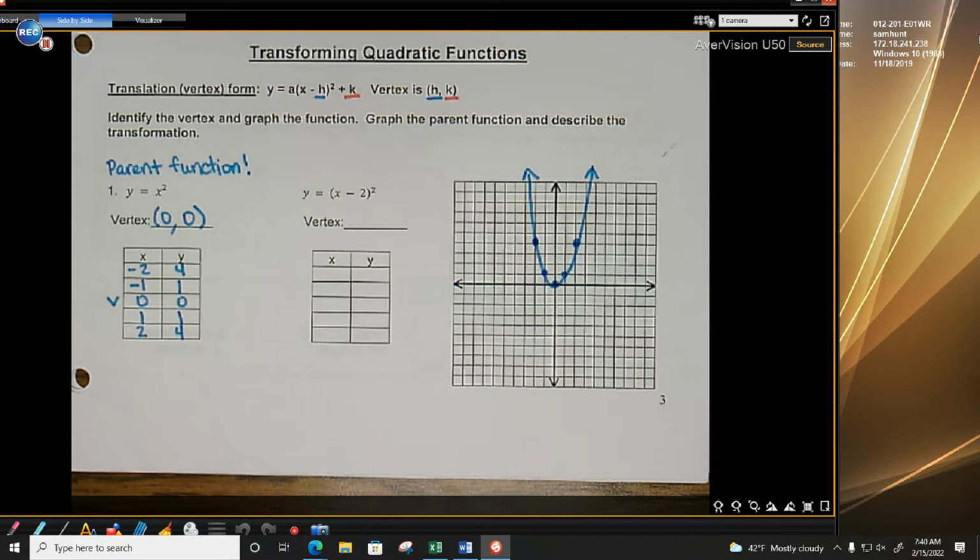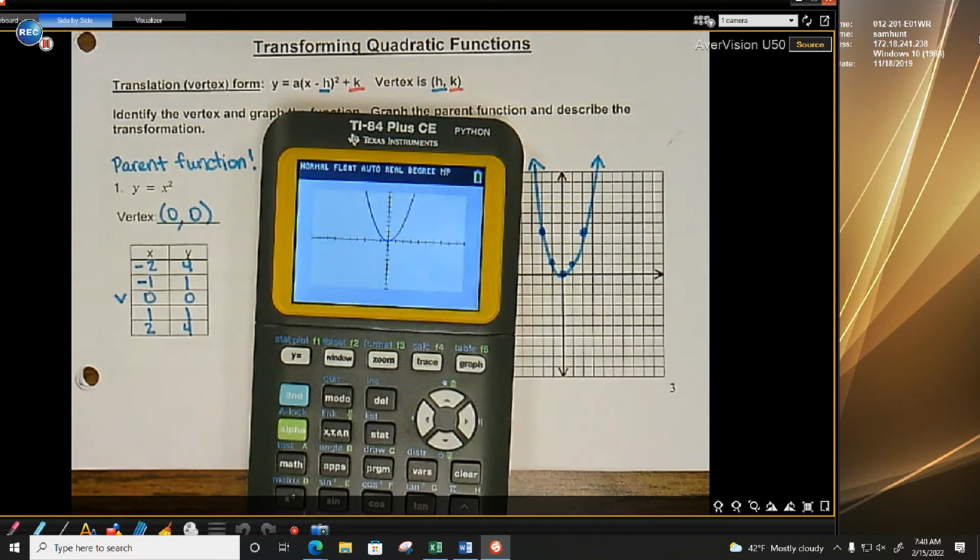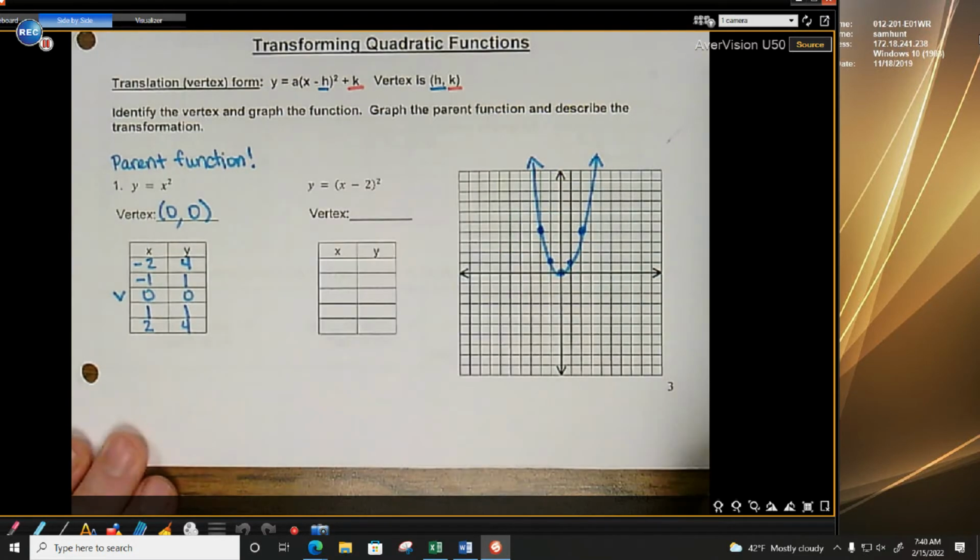How can I check to make sure I graphed this correctly? Hit the graph button on your calculator. They should match. Do they look the same? Yes. Okay. We go with our parent function.